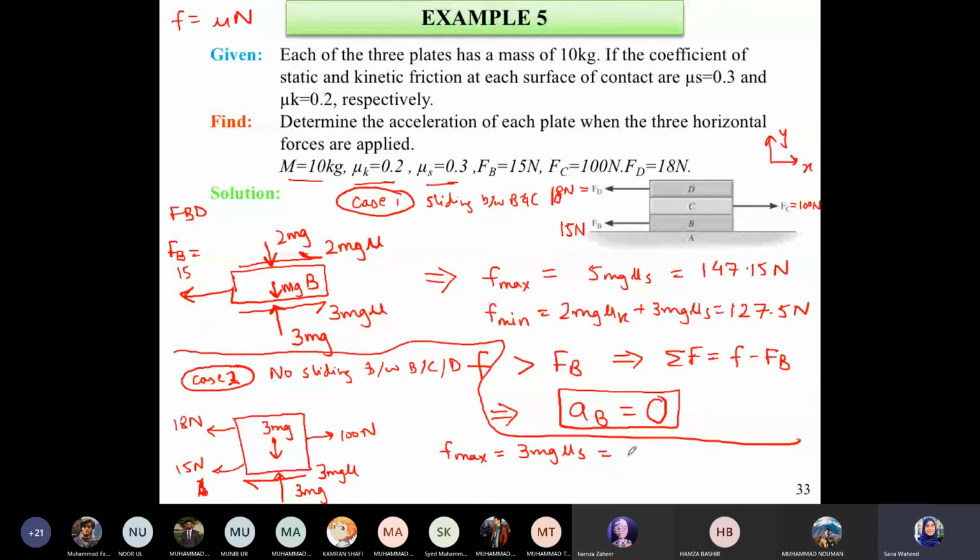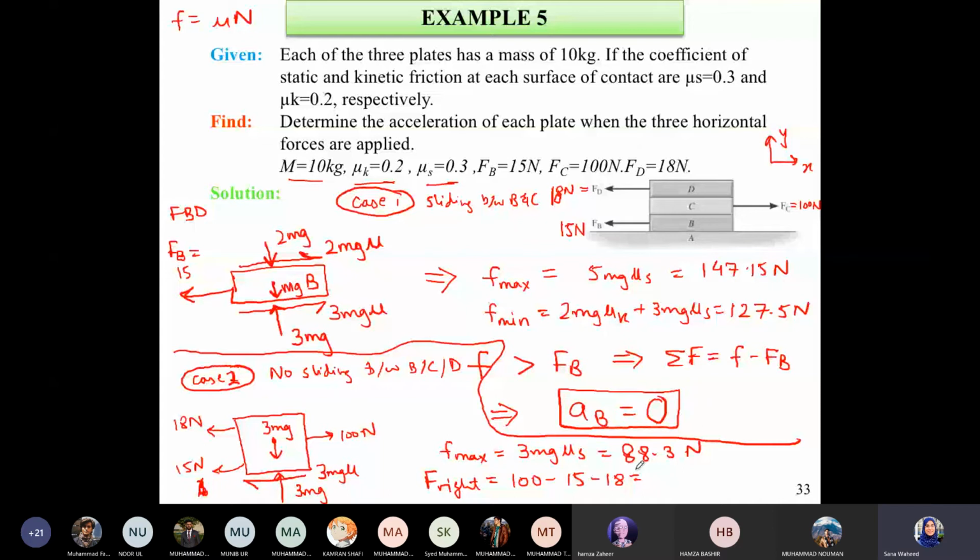It's 88.3 newtons. Or what is my F to the right? Because of the applied forces, it's 100 minus 15 minus 18, which is how much? 67.